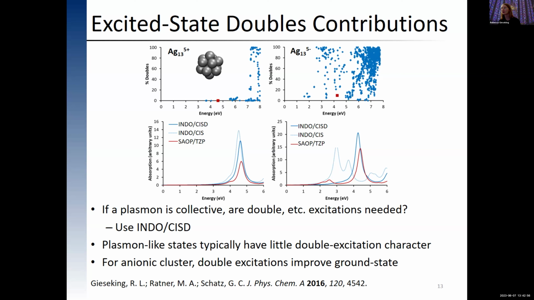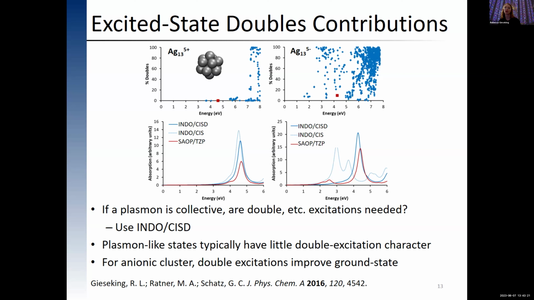If you go to the negatively charged cluster, then your main absorbing state is a little over 4 eV, where we have that red square. And so we have lots of double excitations that are energetically accessible. But your main absorbing plasmon-like state is basically just single excitations, even though the double excitations are energetically accessible.